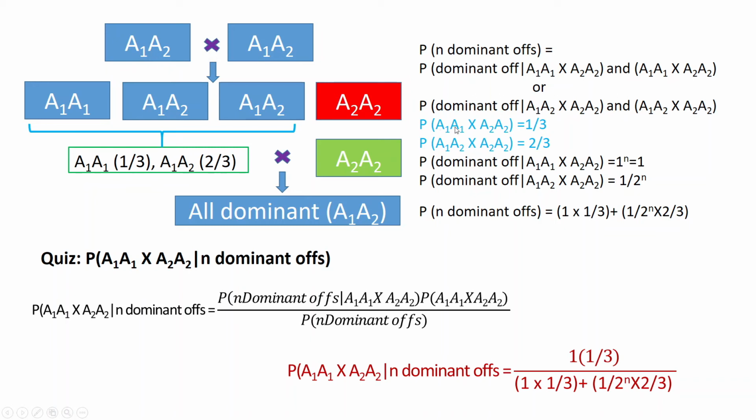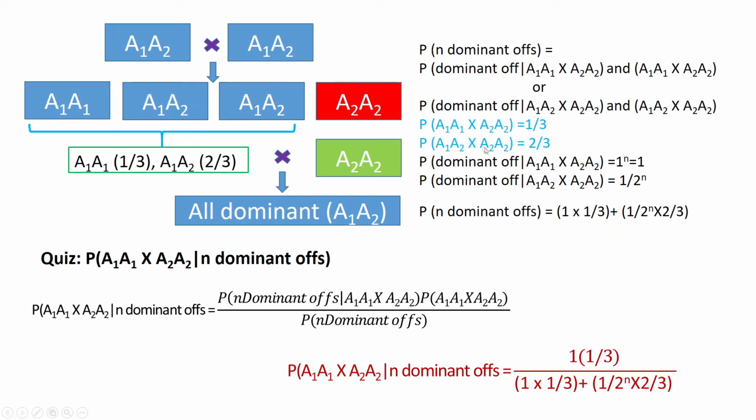But if this is A1, A1 and A2, A2, the probability of these parents is a third. Why? We are certain that A2 is going to be there. Therefore, since we are certain, the probability of A2 is 1. But the other parent we are not certain. However, the probability of A1 is a third. Therefore, a third times 1 is equal to a third.